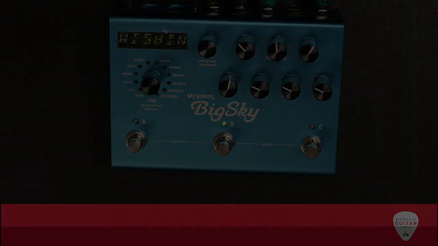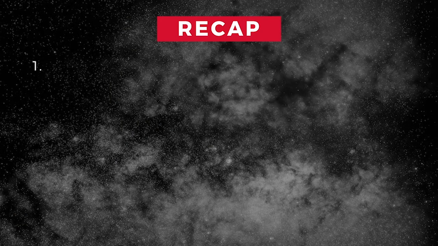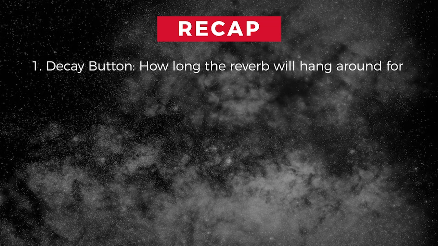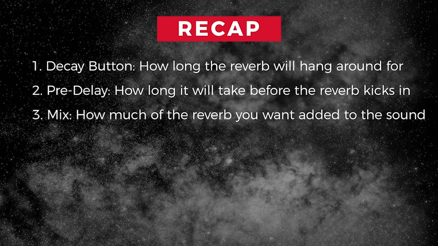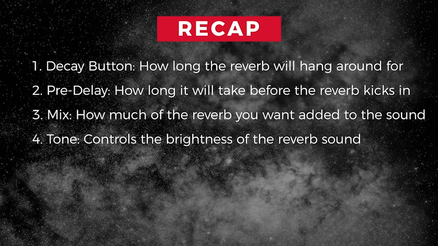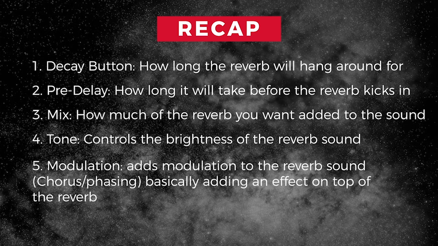Specifically, we looked at the decay button that determines how long the reverb will hang around for, the pre-delay, how long it will take before the reverb kicks in, the mix, how much of the reverb you want to be added to the sound. The tone controls the brightness of the reverb sound. Then we looked at the modulation, which adds modulation to the reverb sound, whether that's chorus or phasing, basically adding an effect on top of that reverb.